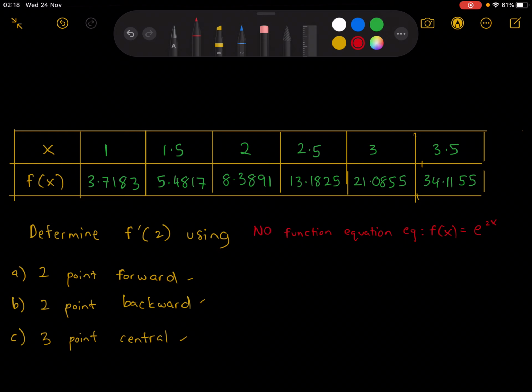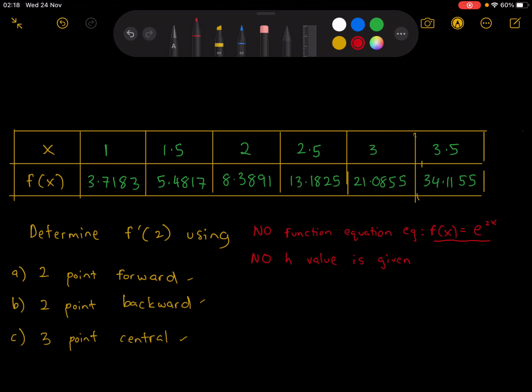In our previous example, it gave us the function equation. And the second thing, if you realize, no h value is given. So how do we solve this question then, if we think that the information is incomplete?